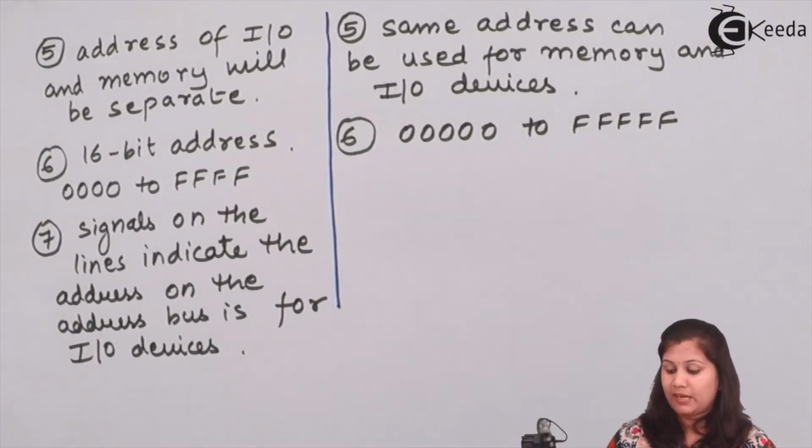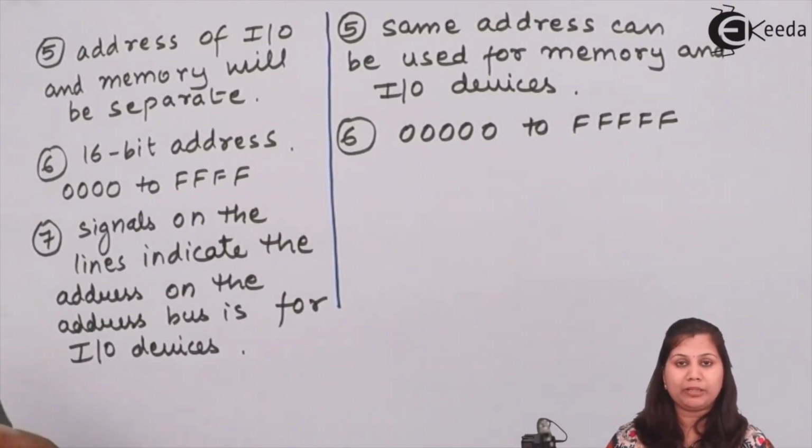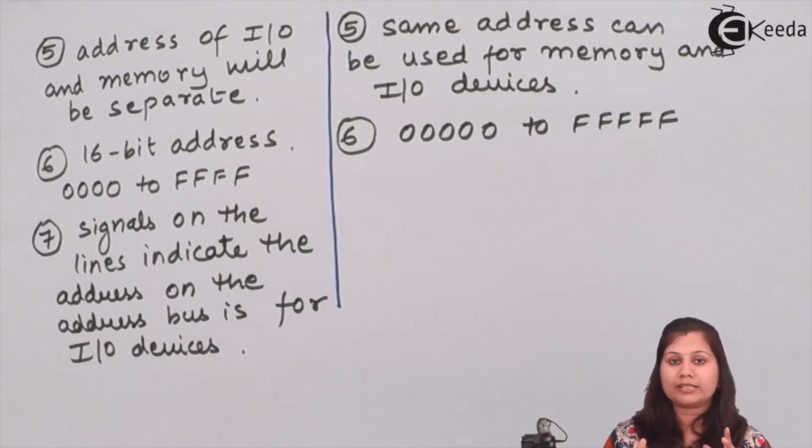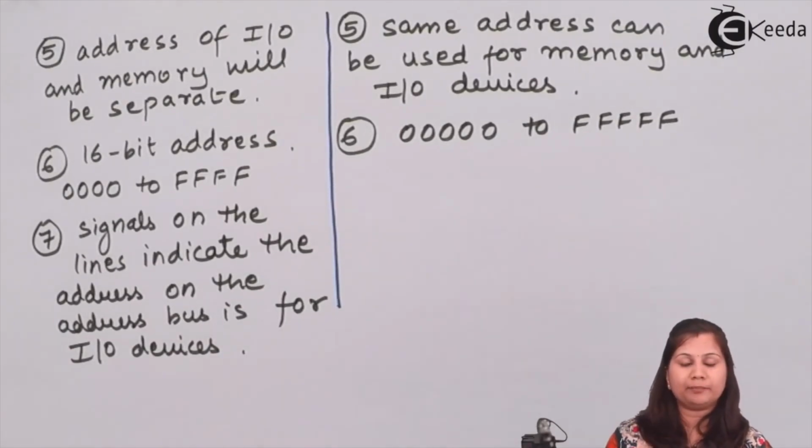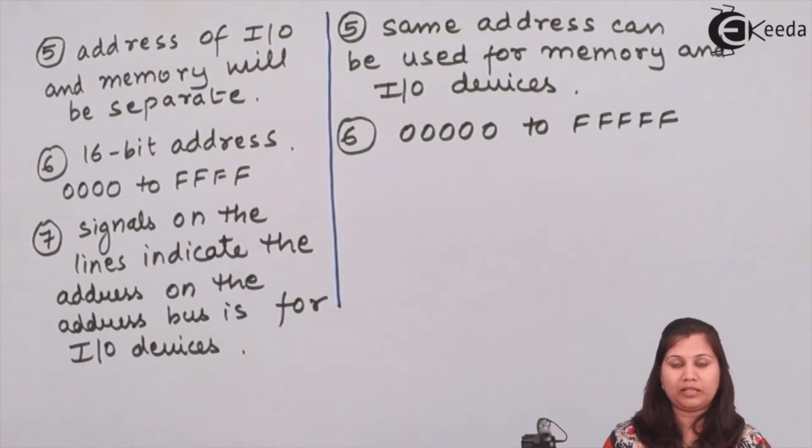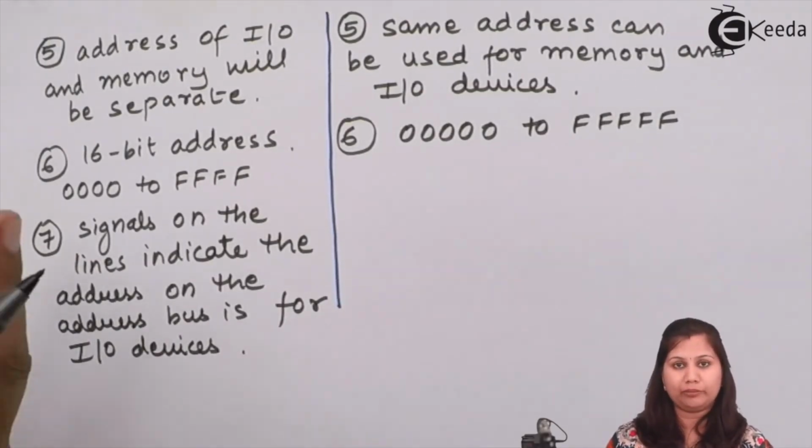Whereas in the case of memory mapped input output interfacing, because input output devices are treated as a memory location, the circuitry is simplified. Hardware is also simplified because the same signals are used for both memory and input output.